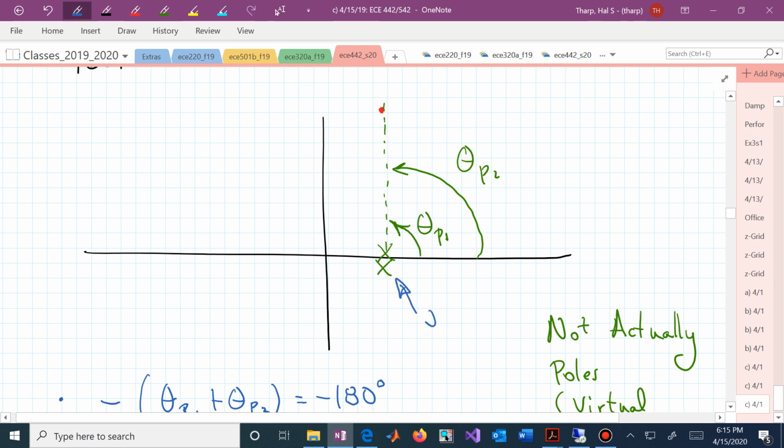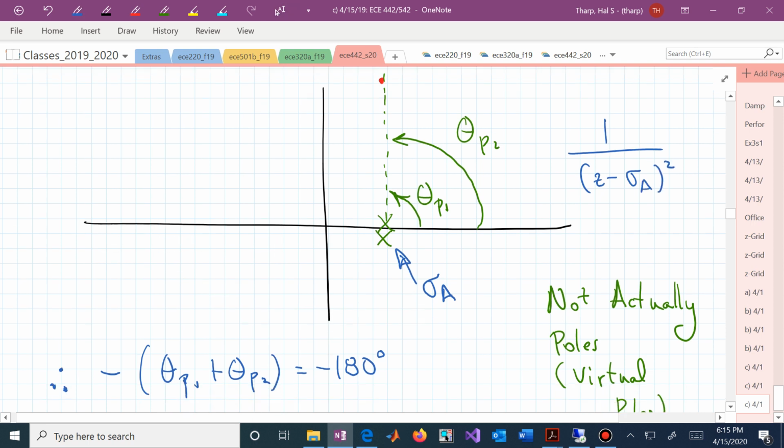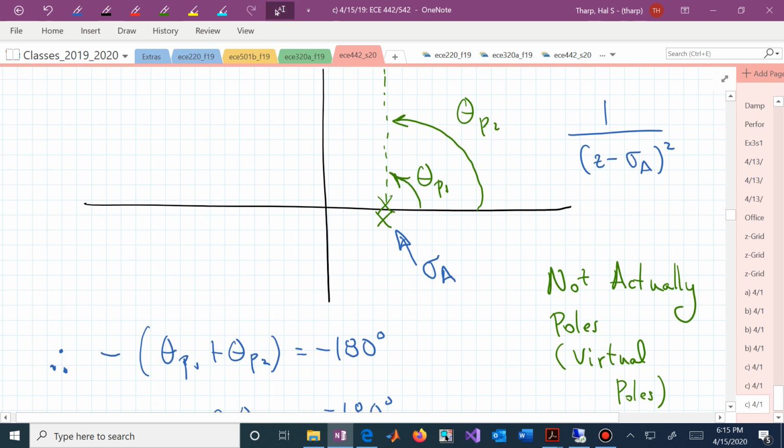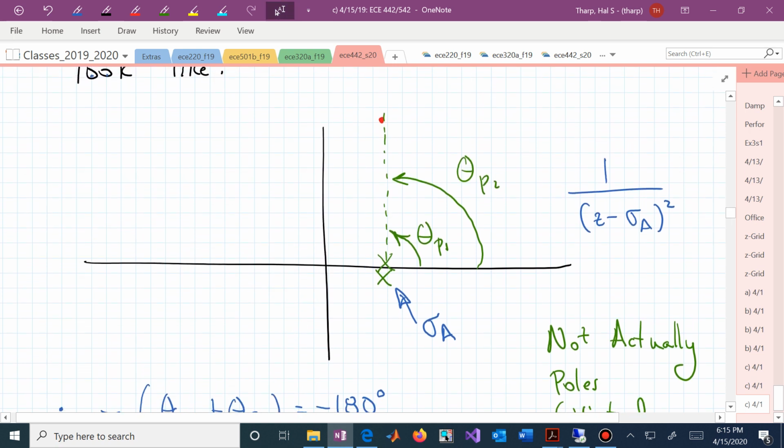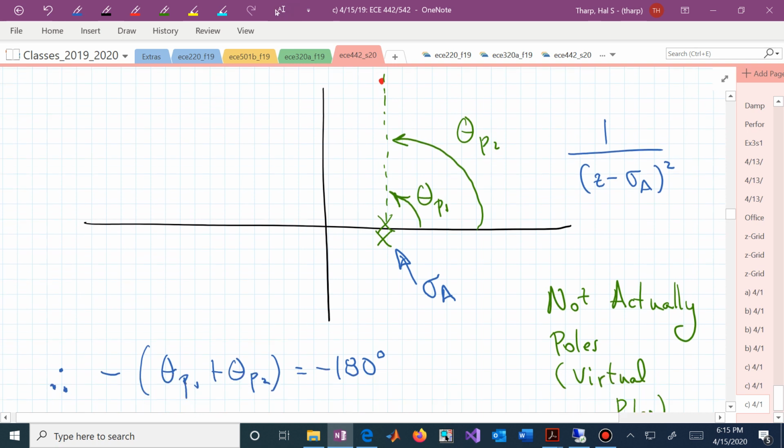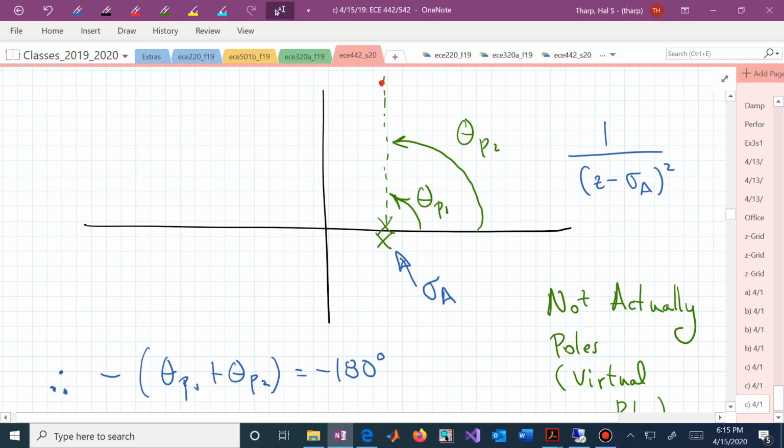We actually can see that they are located at some point on the real line called sigma sub a, and we now have something that effectively looks like that transfer function. We could now say, oh, well, the angles of those two poles have to sum to minus 180 if in fact that point, that red dot, belongs on the root locus. That's the definition of a root locus.